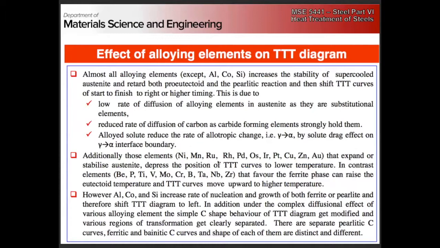So we've got a whole host of elements here that expand the stabilized austenite phase field. So this is going to depress the position of the TTT curves to lower temperatures, right? But the ferrite stabilizers are going to raise the eutectoid temperatures and the TTT curves, right?